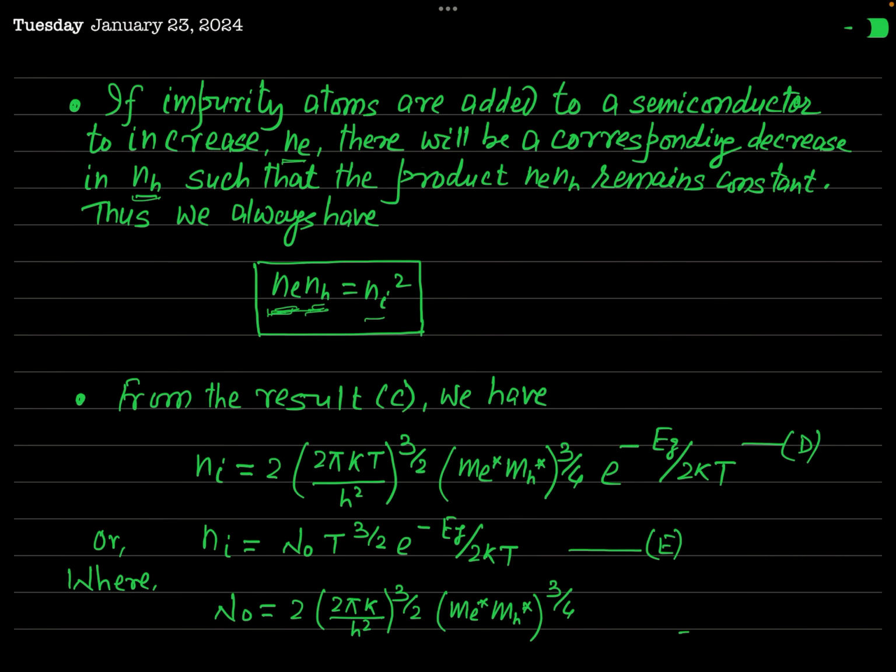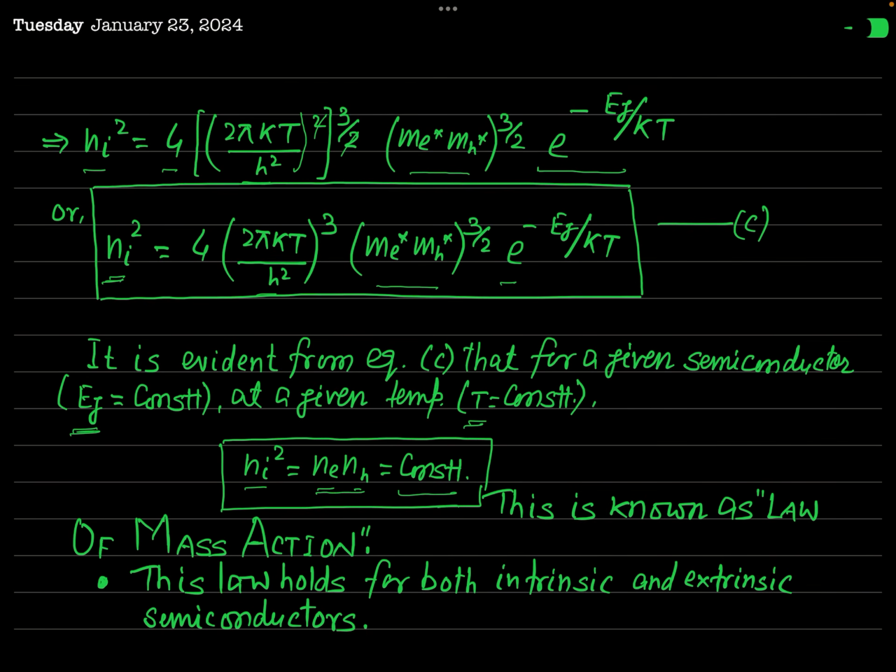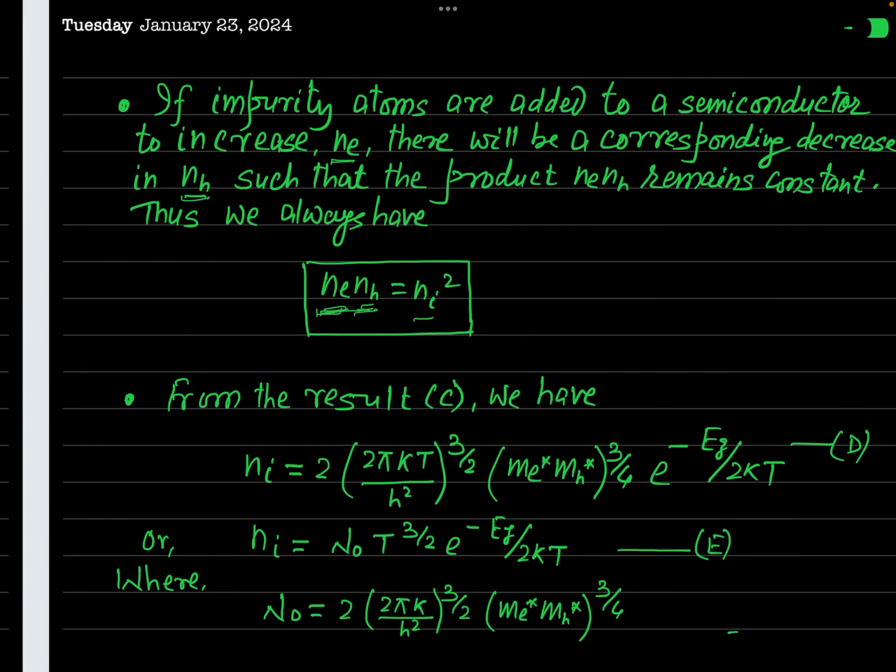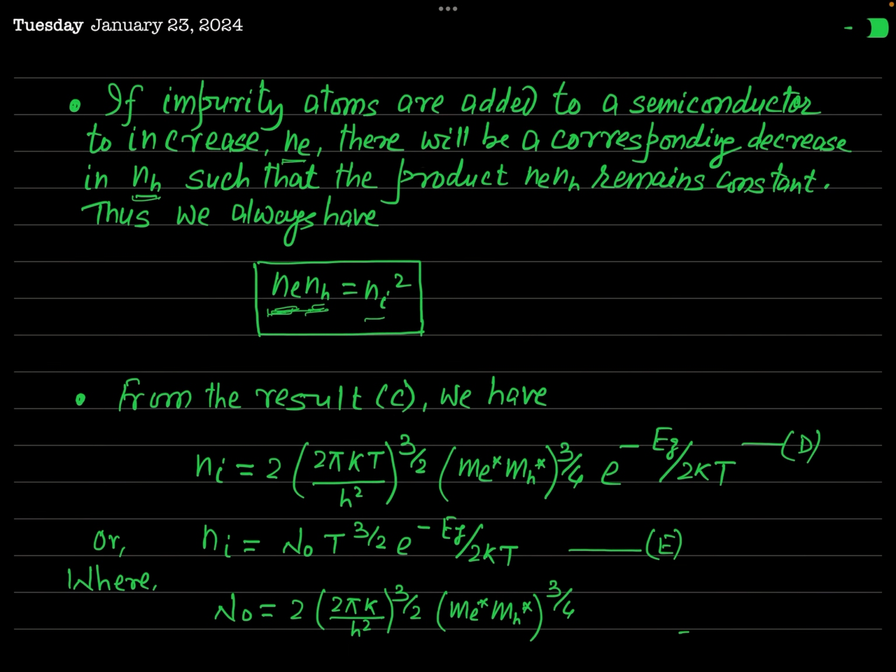Now after getting this result for Ni square, where Ni is called the intrinsic carrier concentration, you can find the expression for the intrinsic carrier concentration in terms of the band gap Eg.